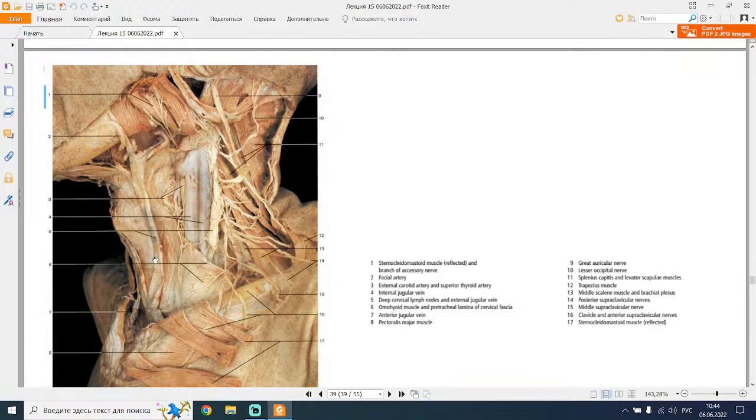This is a vein, vena jugularis externa. Vena jugularis interna, and this is externa.